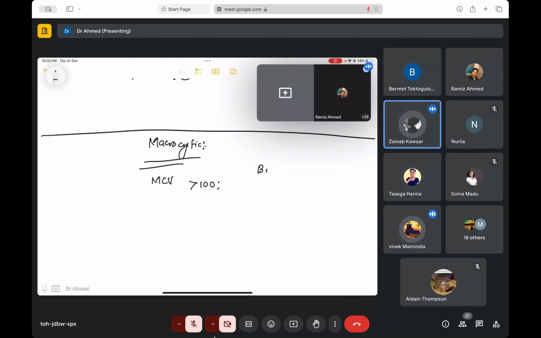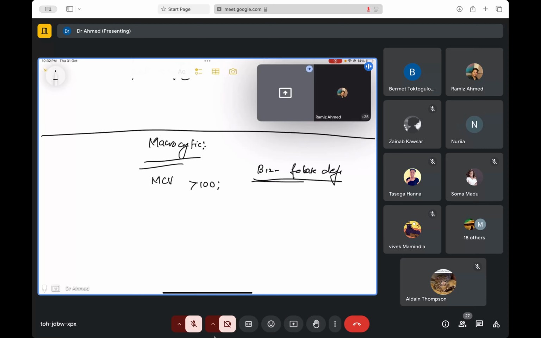Vitamin B12 and folate deficiency. You guys know that B12 and folate deficiency basically affect DNA synthesis. And you know DNA synthesis is important for your cell division, right?